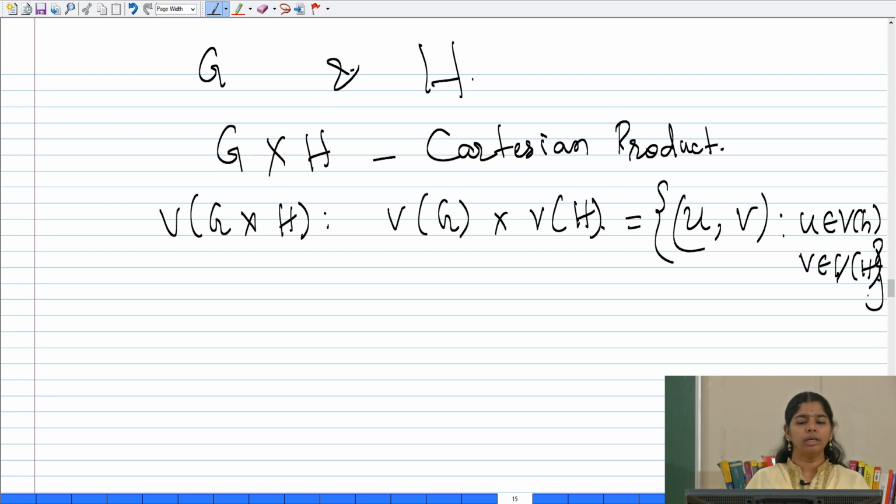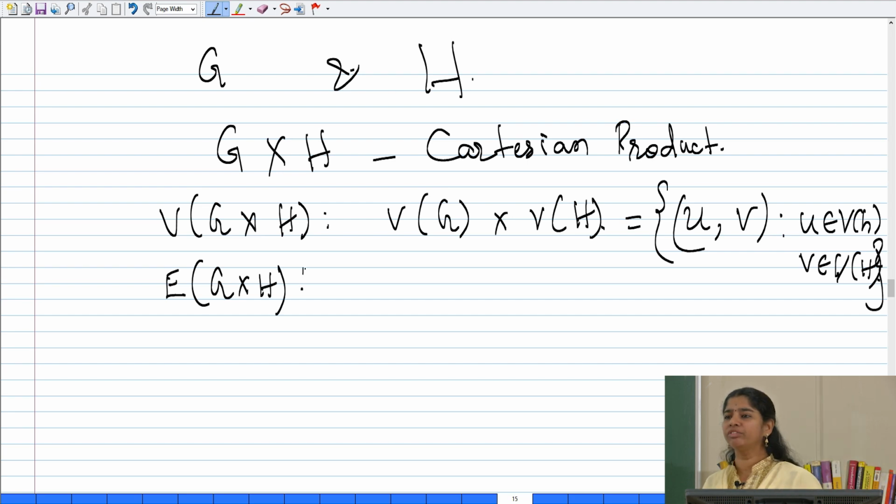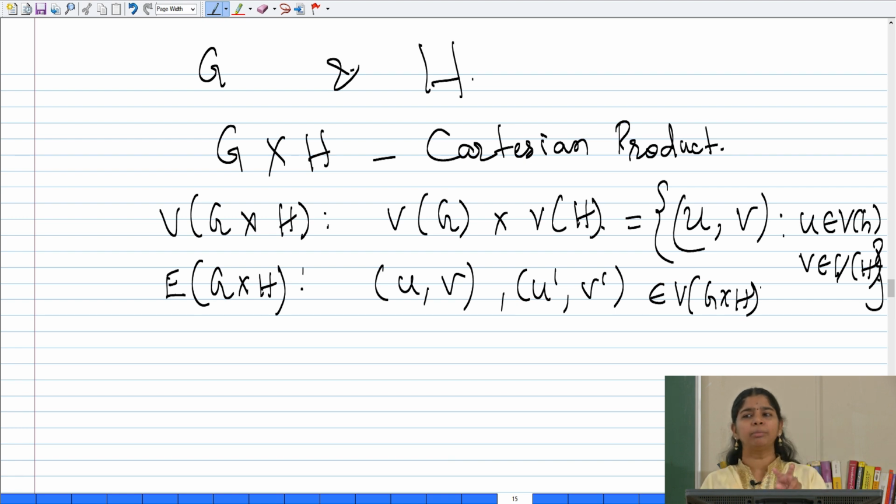So, how about the edges, how will it be connected now? E of G cross H. So, this is where various definitions for products come into the picture. Okay, so, for the Cartesian product we also call it the box product. So, the idea is if you have two vertices, say (u, v) and (u', v') coming from this vertex set G cross H, you say that an edge exists between these two pairs.